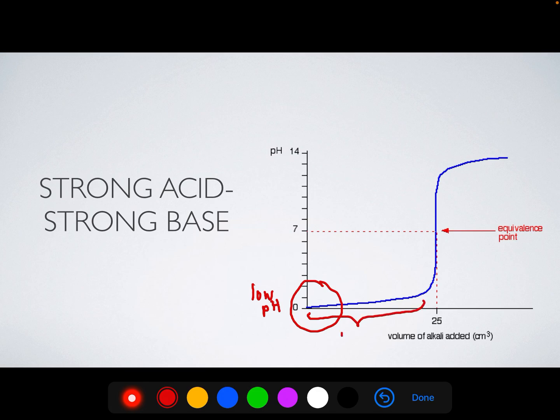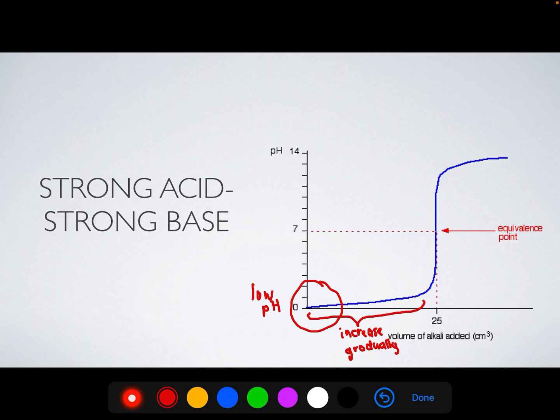Okay, increase gradually. Dia akan naik secara perlahan-lahan bila kita menambah strong base ke dalam kita punya conical flask tu.